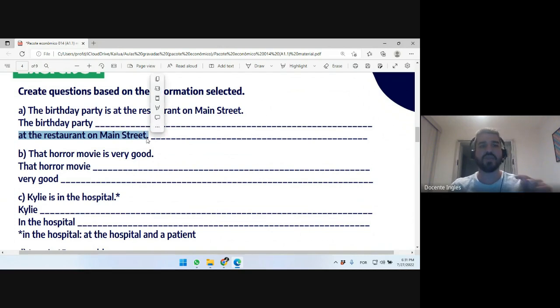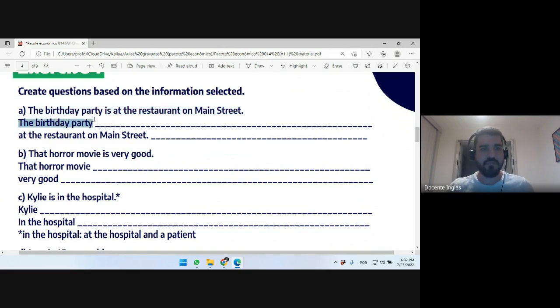So we have to create questions based on this. Okay, I will do letter A as an example. After this, stop the video, do B, C, D, and all the other sentences, and at the end, we will correct. So letter A, the birthday party is at the restaurant on Main Street.